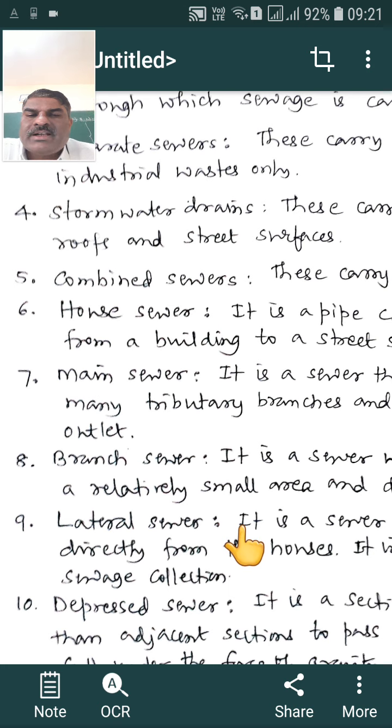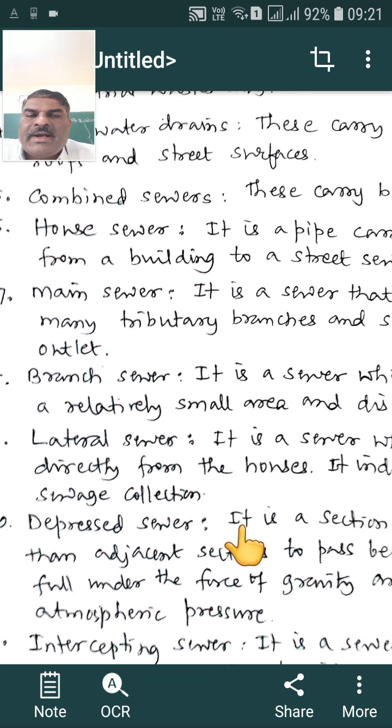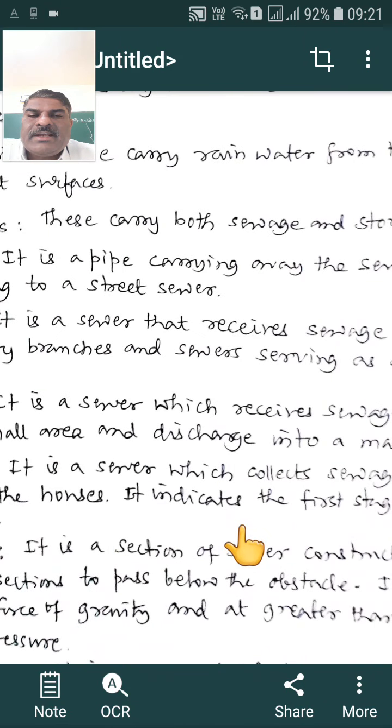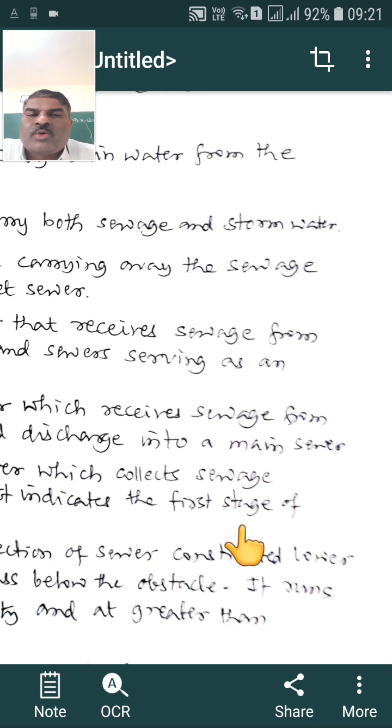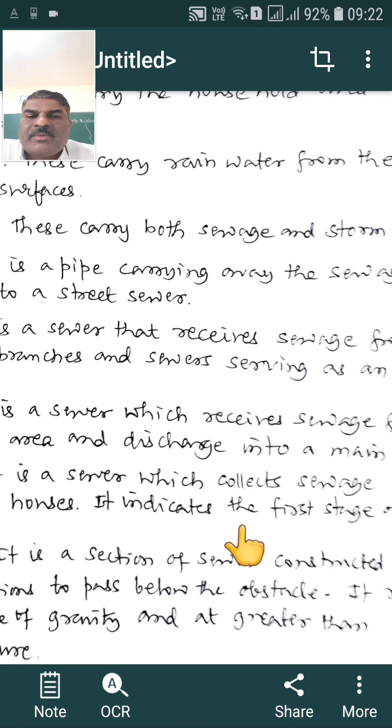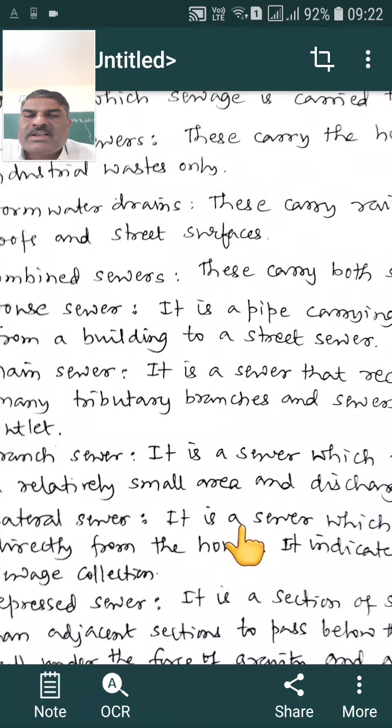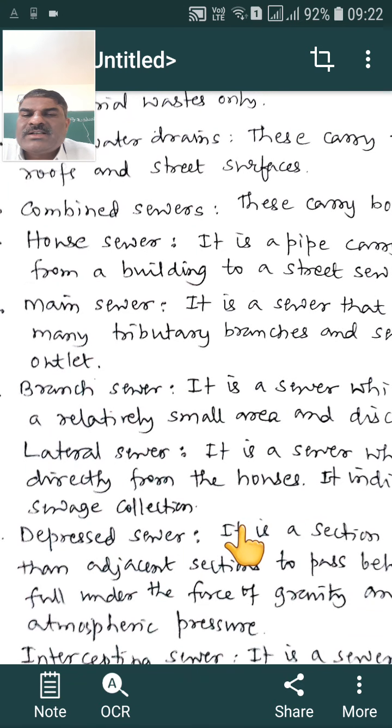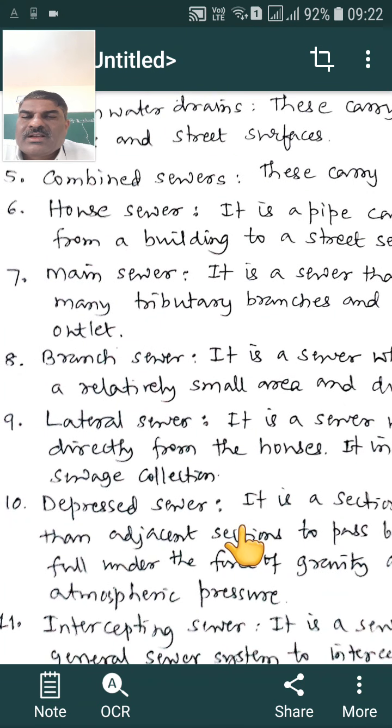Whatever rain is received from the rooftop and from the street, that we call a stormwater drain. Then coming to combined sewers, these carry both sewage and stormwater. Whatever domestic waste and industrial waste combine together, that is a combined sewer.